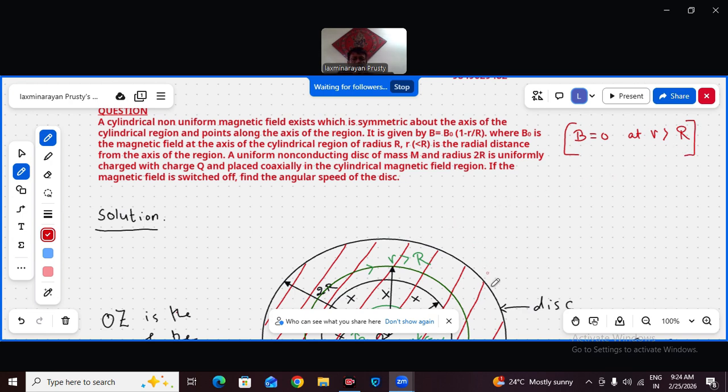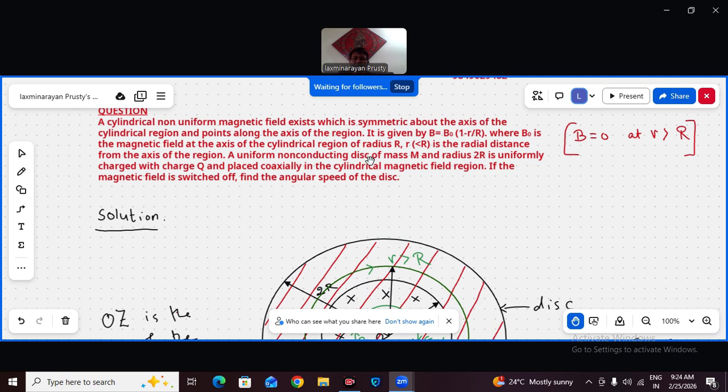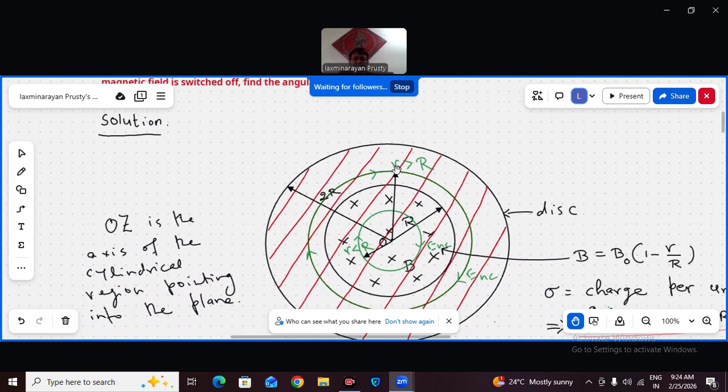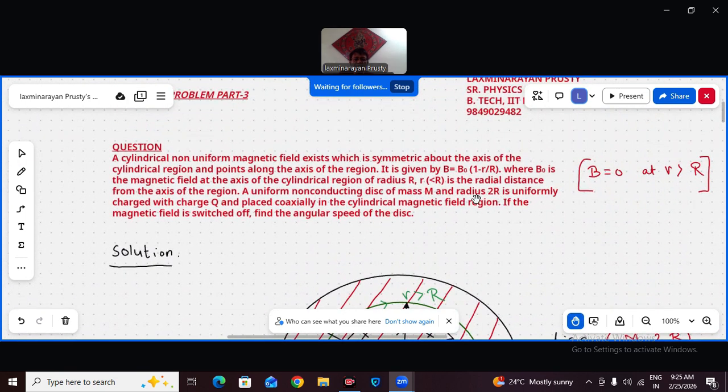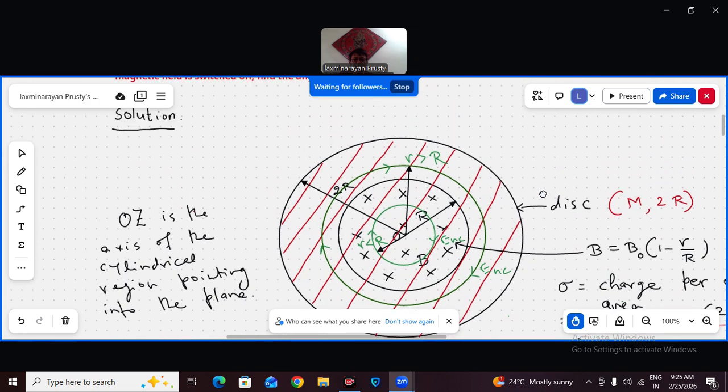Okay, very nice. This is the question. Now a uniform non-conducting disk, the bigger circle, whose mass is M and radius is 2R, is uniformly charged with total charge capital Q, and is placed coaxially in the cylindrical region.